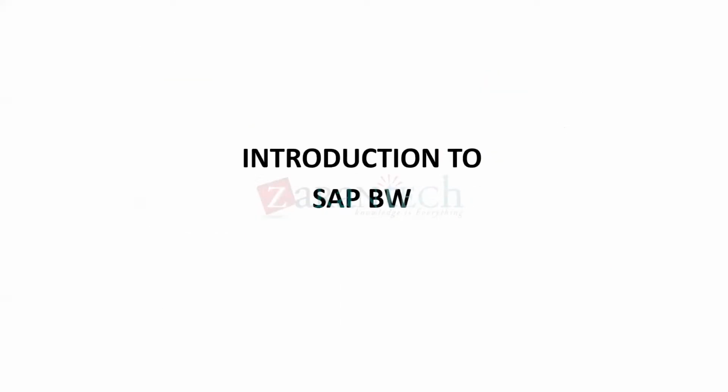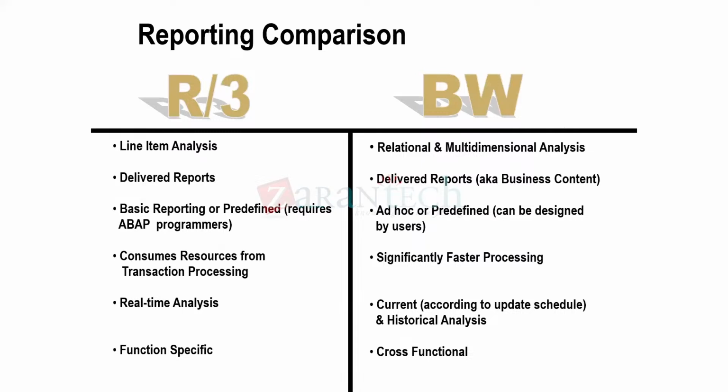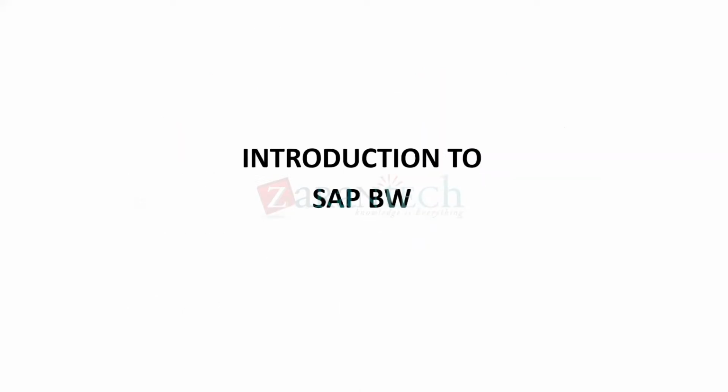Okay. So we are learning about BW. BW, as you know, is a software which falls under the data warehousing category, and it's a SAP software. SAP did a lot of research and analysis before launching its software of this category.